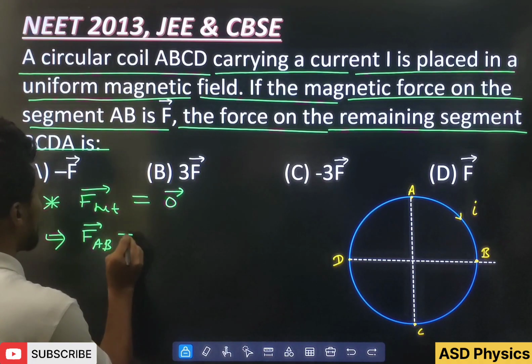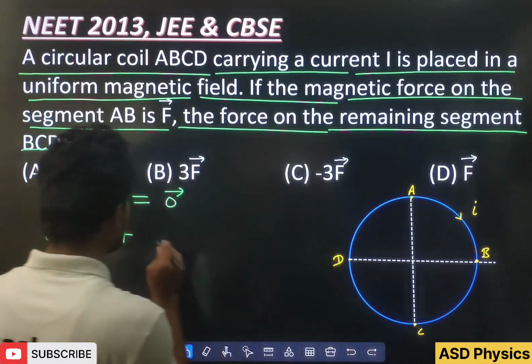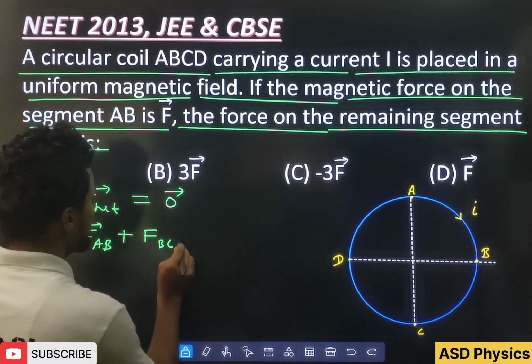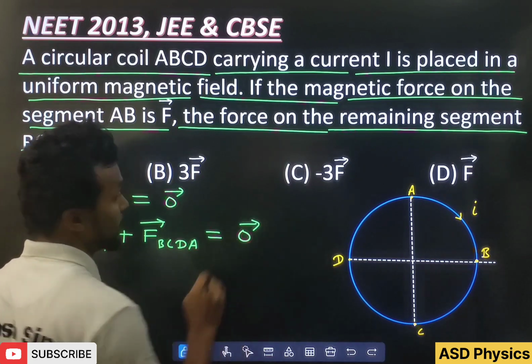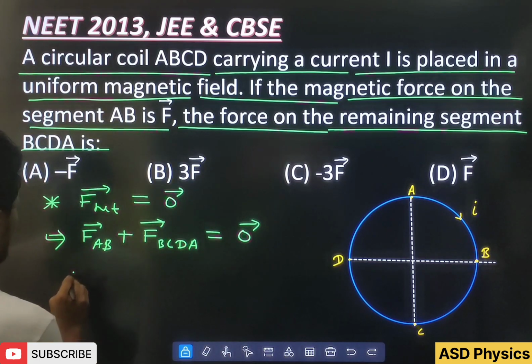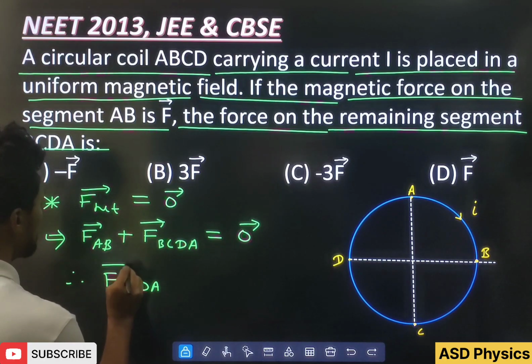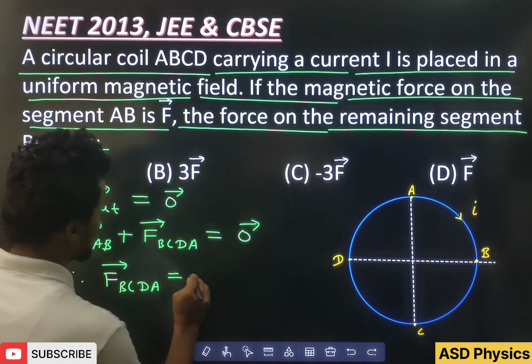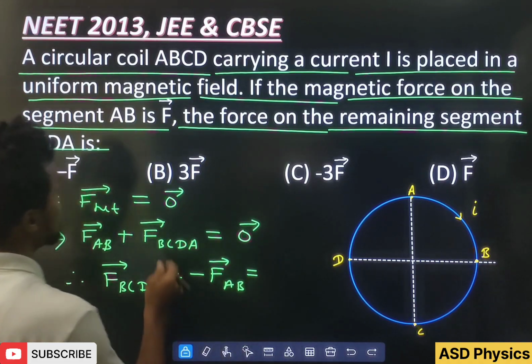So FAB. After that, the next segment to complete the loop, BCDA. See, students, BCDA. Now this will come to 0 here. That means if I calculate here, the BCDA will experience how much force? BCDA is on the other side, so minus of FAB. And FAB, how much are they telling?